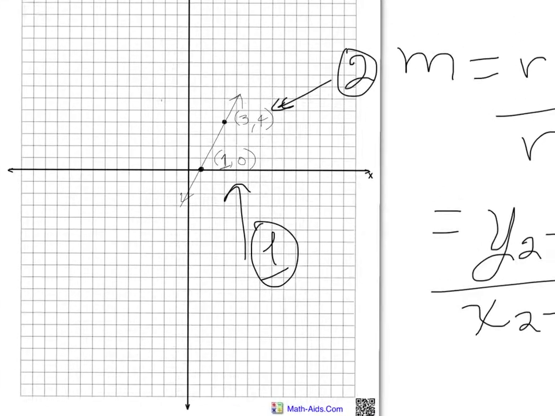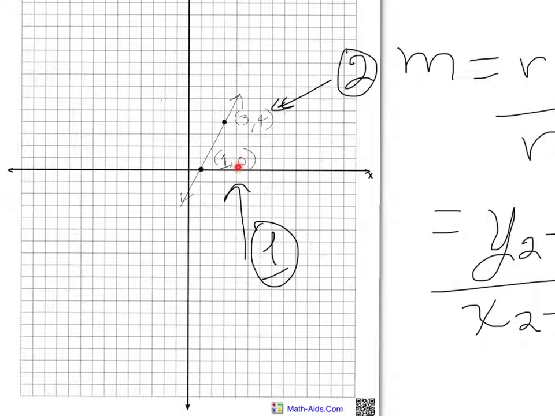Our x's are 3 and 1, and here's the key thing. Once you decide this is point 2, that means this is going to come first in the formula. Both coordinates, x and y, are going to come first. The most classic math mistake is to all of a sudden put this one first and subtract going in this direction. You've got to keep it in the same direction. So 3 minus 1, that's the same direction as we did the y, 4 minus 0.